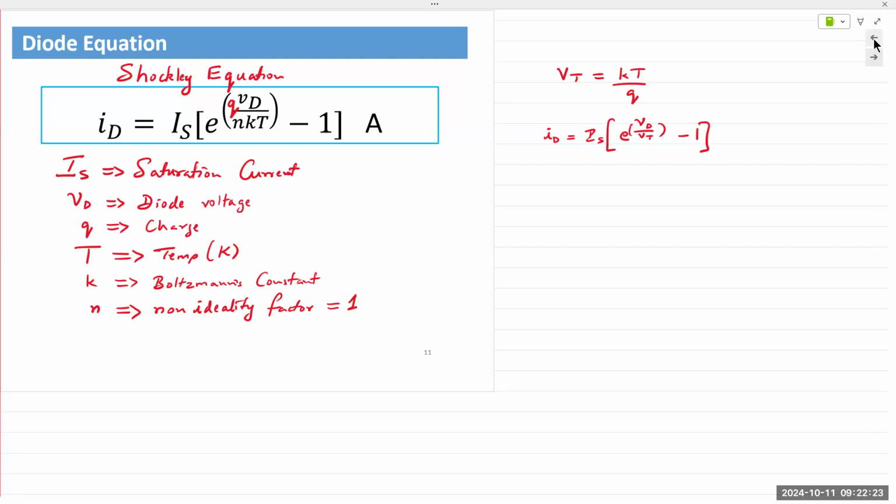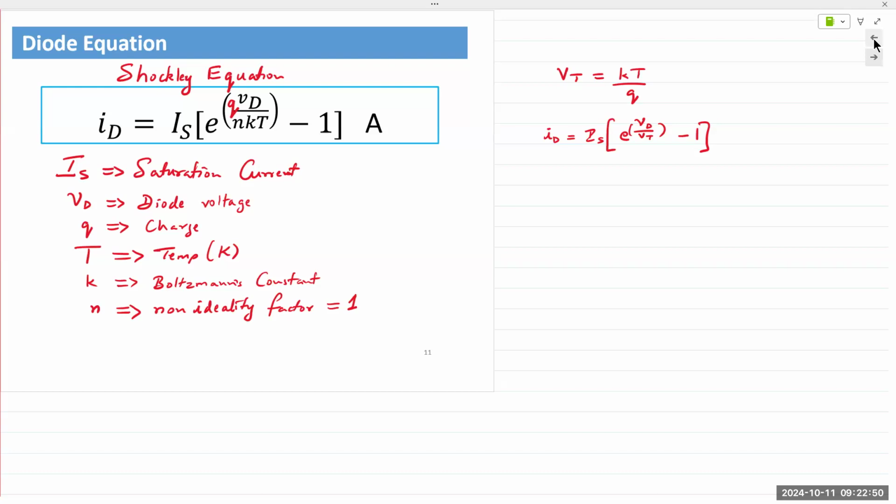If we consider a constant temperature, if you're simulating a diode and we say, okay, for the most part, it's going to be at this surrounding temperature, 20 degrees C, 25 degrees C, or whatever value the temperature might be, we can have a fixed value for Vt, the thermal voltage. Then the diode equation reduces even further. You can simply say it is Is e raised to Vd, and then Vt would be a constant.